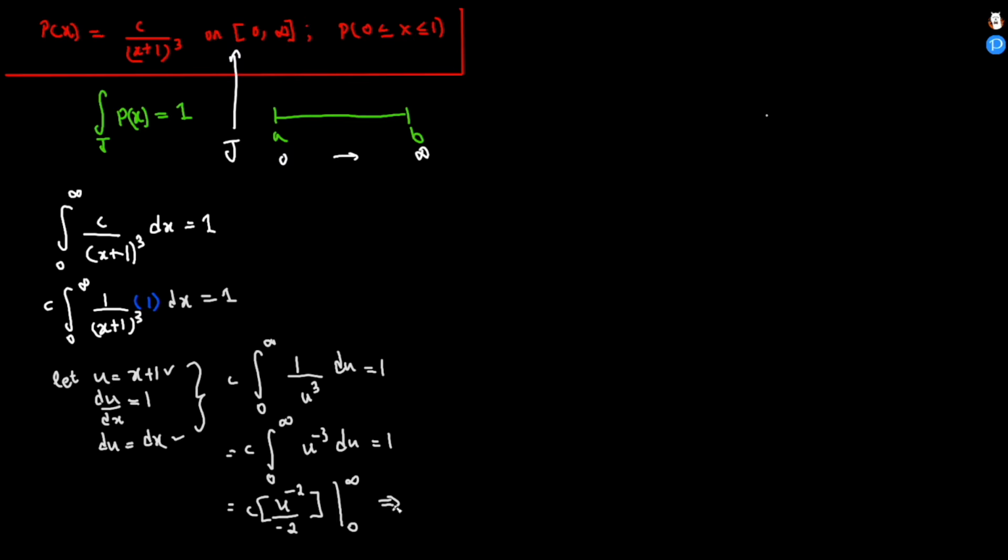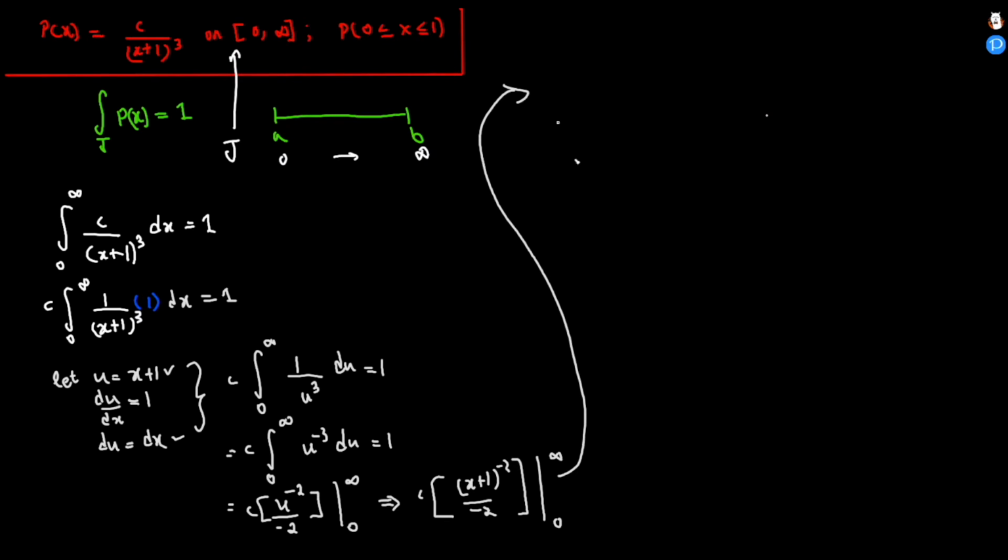So we get c times, well, u is x plus 1, so it's (x plus 1) to the power of minus 2 over minus 2, and then that's evaluated between 0 and infinity. Okay, all right. So now I'm just going to bring this up.